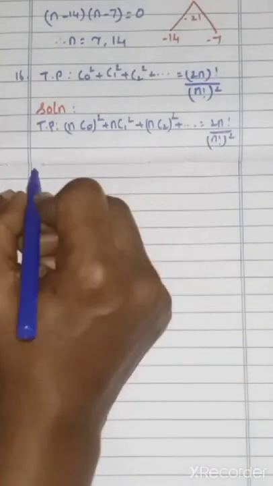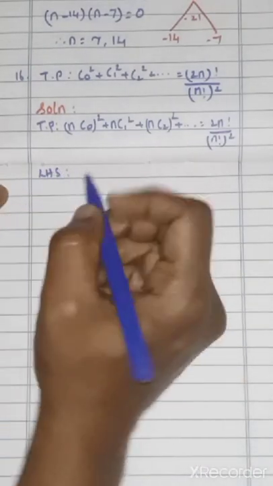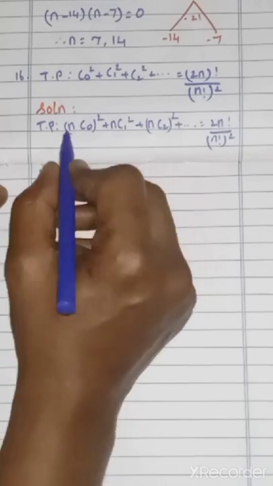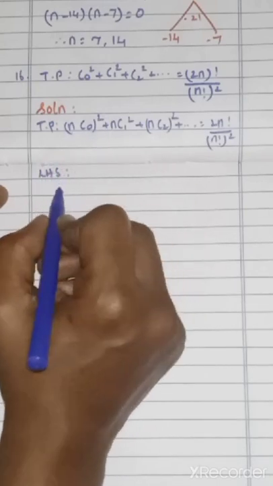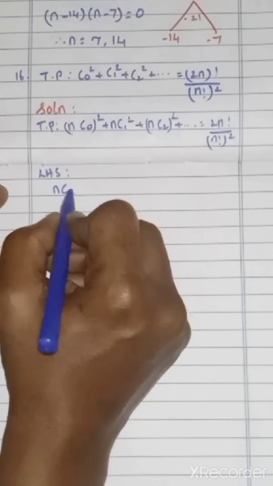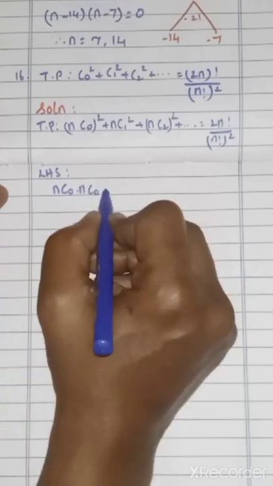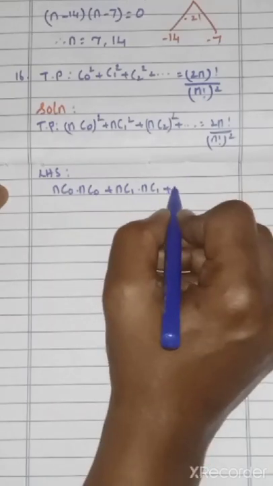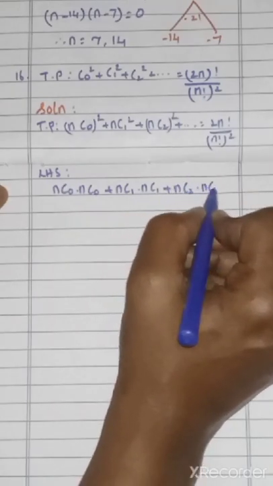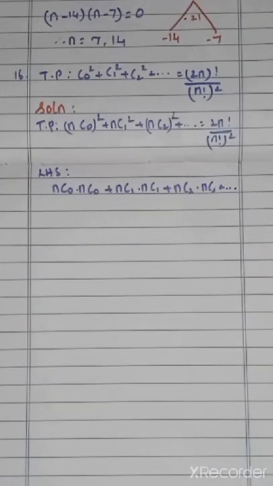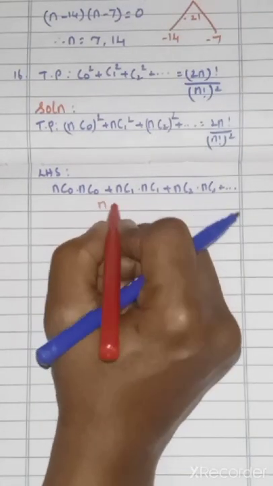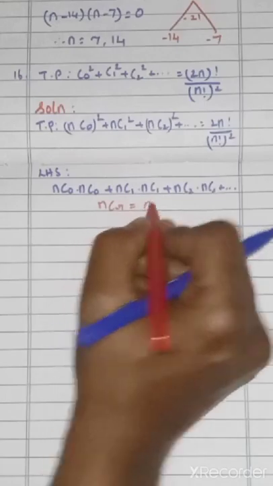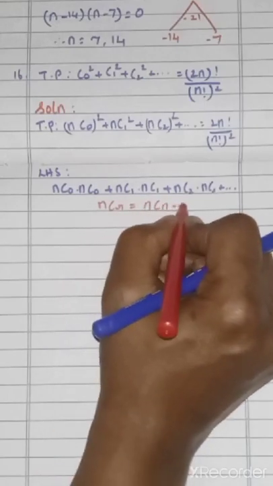Okay, so first we take the left hand side. What is the left hand side? nC0 square, and how can we write nC0 square? nC0 into nC0 plus nC1 into nC1 plus nC2 into nC2 plus etc. Here we can use the property that nCr is equal to nC(n minus r).